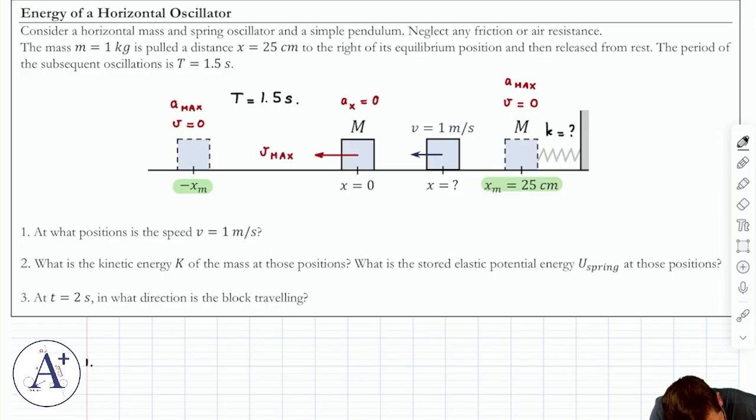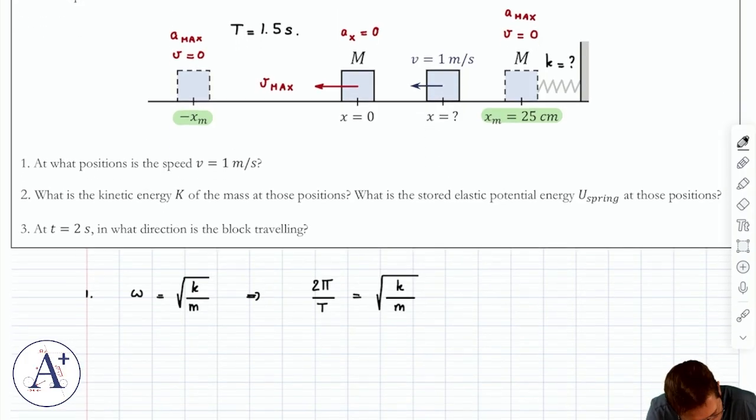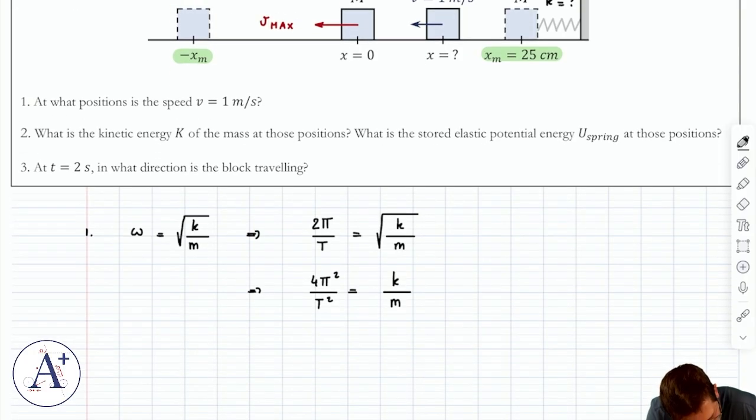So I know that I have a horizontal mass spring oscillator, and therefore omega is the square root of k over m. Now omega, by definition, is 2 pi over T. So 2 pi over T is the square root of k over m, meaning that 4 pi squared over T squared is equal to k over m.